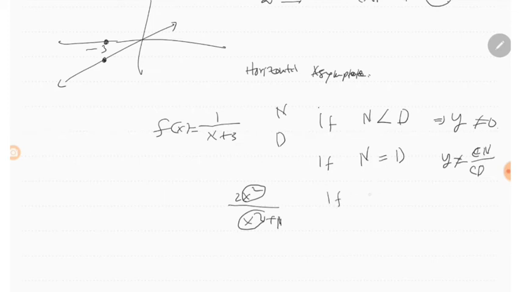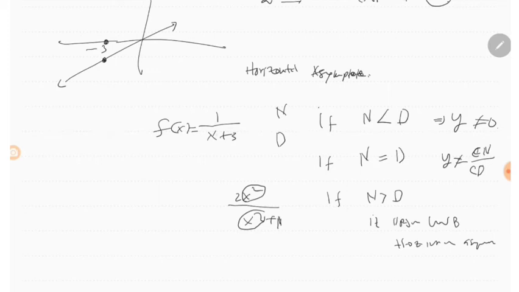But if the power of the numerator is greater than the denominator, it doesn't have a horizontal asymptote.